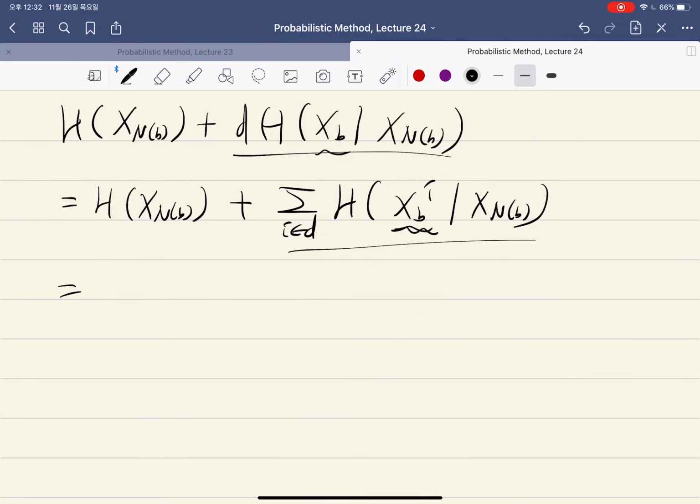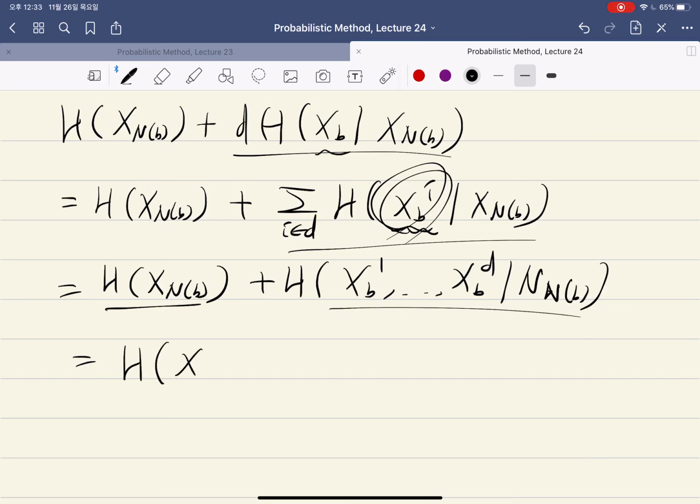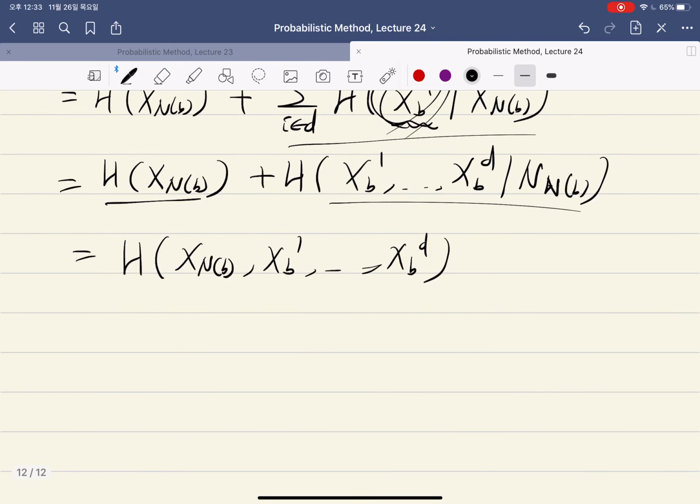And because now all these D random variables are independent by our construction, this is nothing but the joint distribution. And together, what we get by the chain rule, is that you take these D plus 1 random variables.